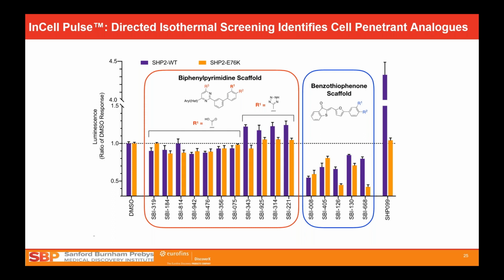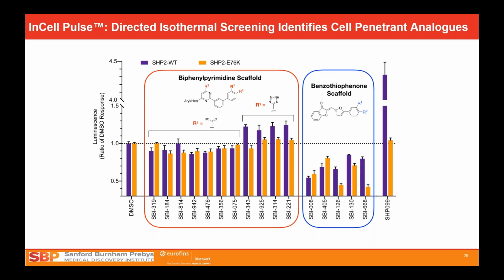And in that circle to the left, you can see that these compounds have minimal ability to bind to SHP2 wild type in the cell and the mutant. In contrast, the tetrazole carboxylic acid isostere could engage with SHP2 wild type in the cell, with minimal, I would say, interaction with the mutant form of SHP2, the E76K mutant.